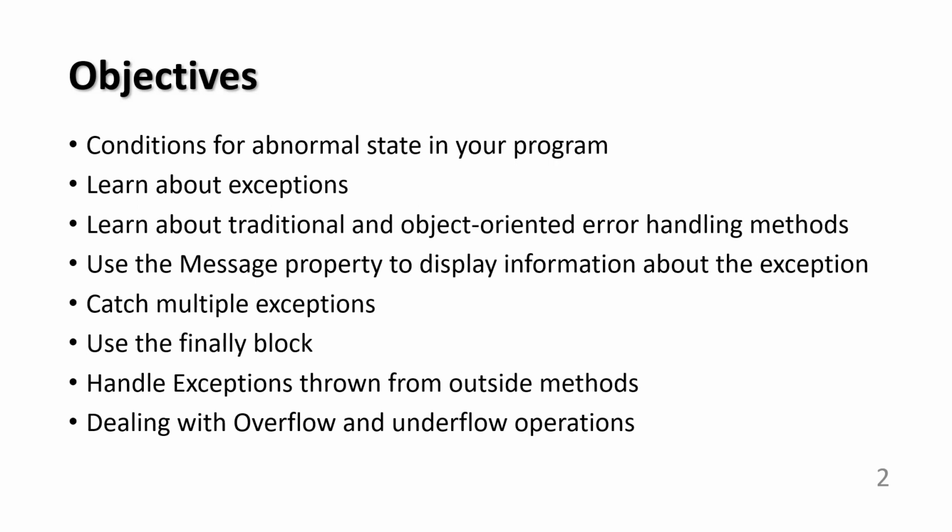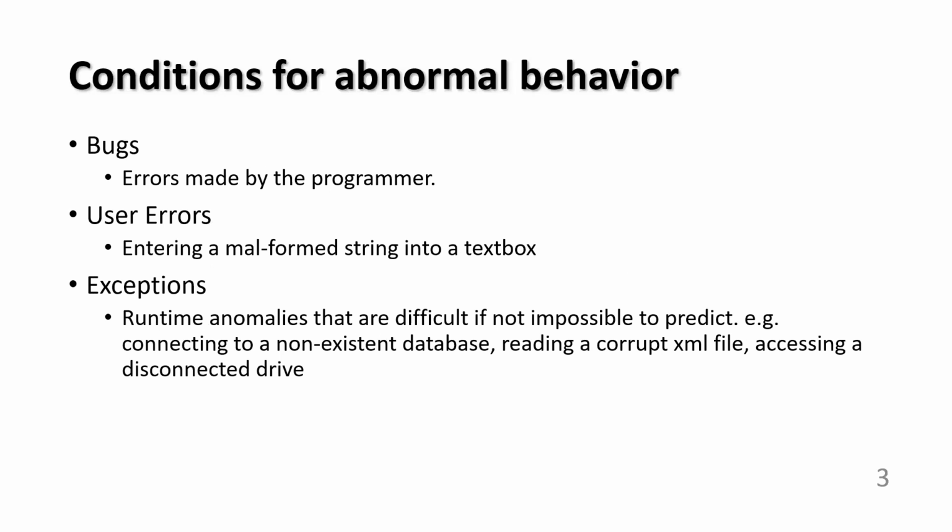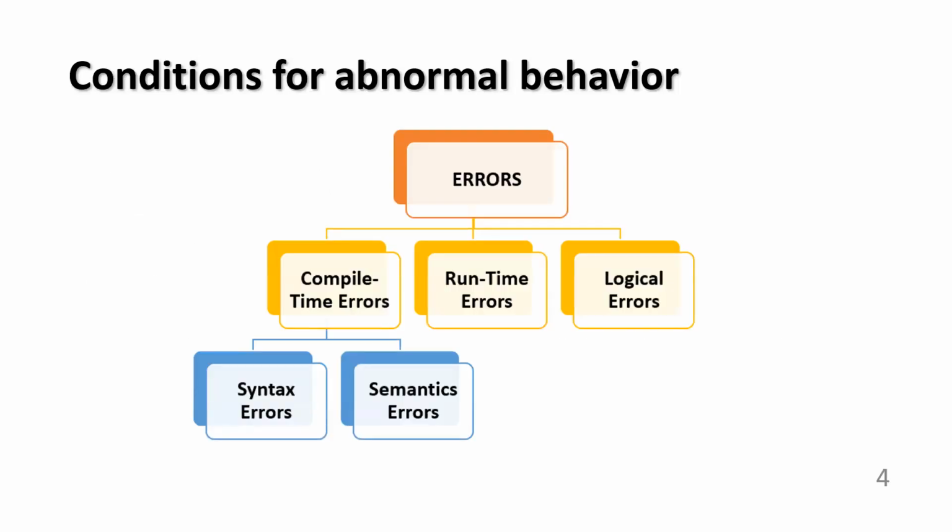Let's see some examples. So they defined bugs, user errors, and exceptions, but generally speaking, there are 3 types of errors that I very much like to divide it into. One is called compile error, the other one is runtime error, and the other one is logical error. What is compile error?